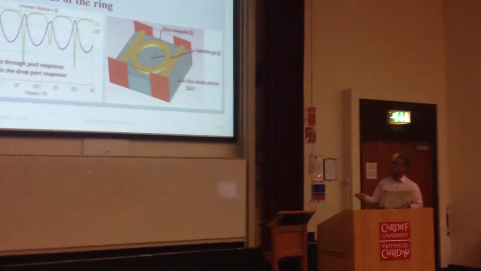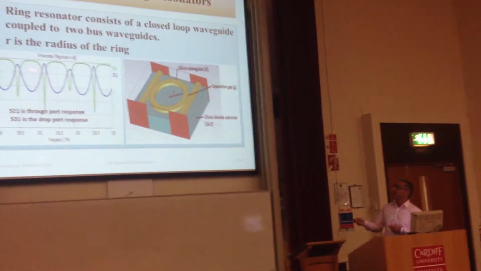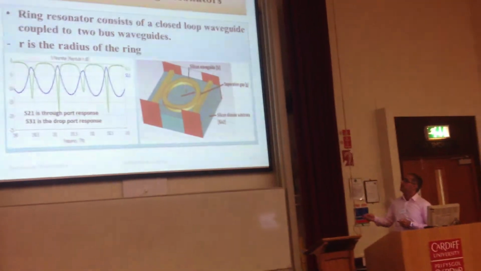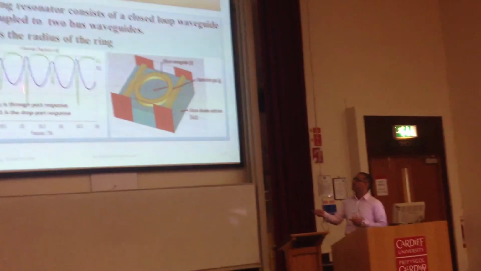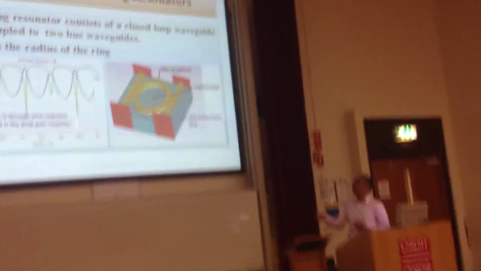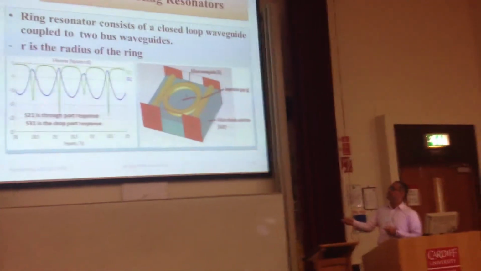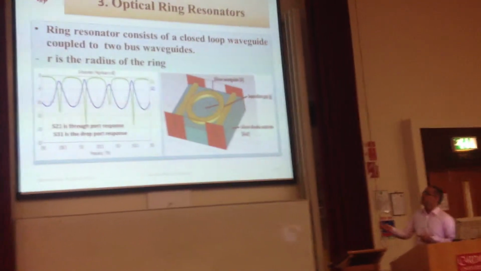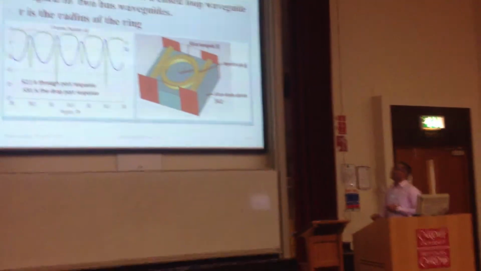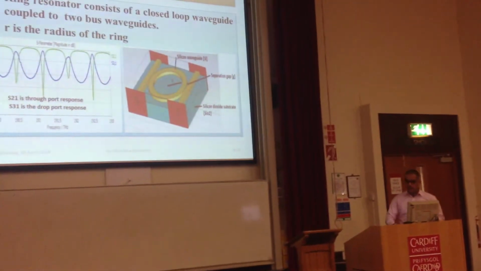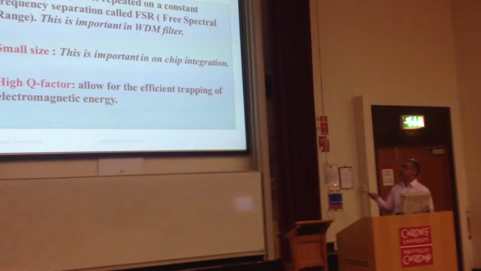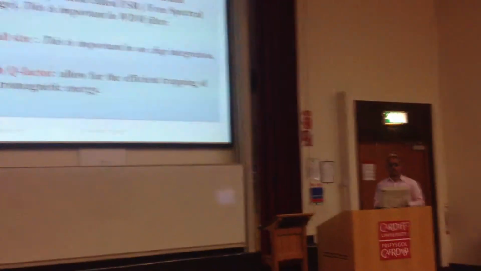This is the frequency response of the ring resonator. So the resonance happens at multiple frequencies separated by a frequency range called the free spectral range, which is related to the radius of the ring resonator.